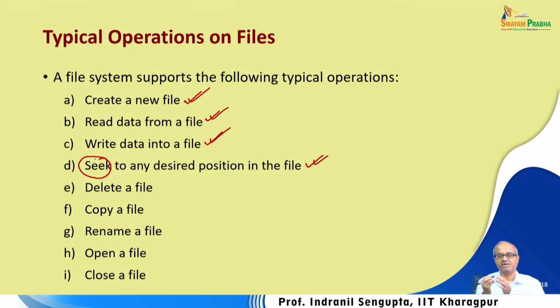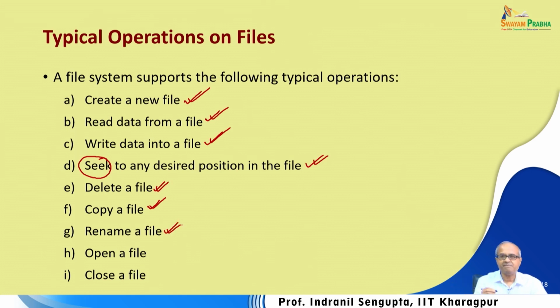Okay. Of course, you can delete a file, you do not need it anymore. When you delete a file, all the blocks it was occupying will be released. You can copy a file, same data you replicate into another file, give it a different name.